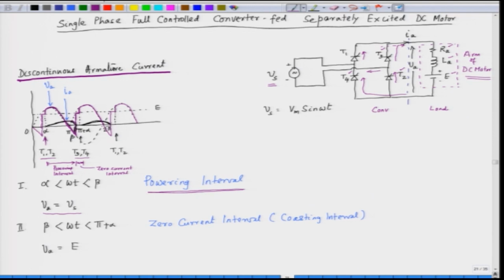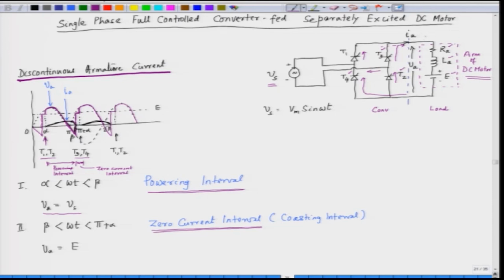This interval stops when omega t is equal to beta. Afterwards, from omega t equal to beta to pi plus alpha, we have the zero current interval, where there is no current flowing.